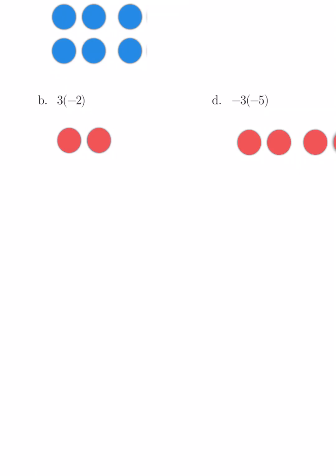So we have our 2 red chips here, and I'm going to create 3 of them. Since our first number is positive, we don't change our colors, and so this is equal to 6 reds, or negative 6.